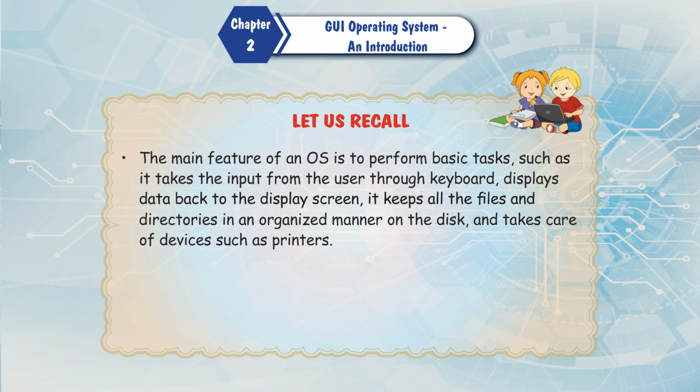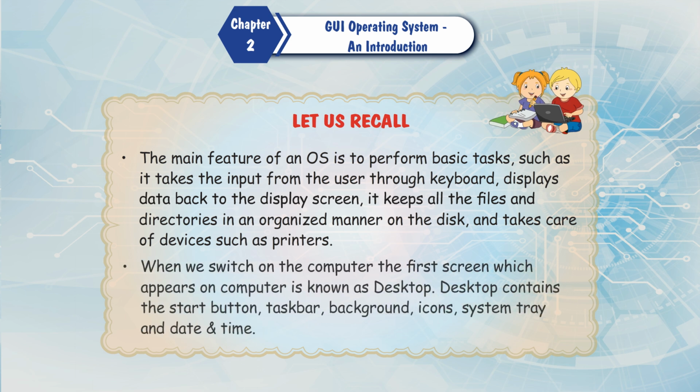The main feature of an OS is to perform basic tasks such as it takes the input from the user through keyboard, displays data back to the display screen, it keeps all the files and directories in an organized manner on the disk and takes care of devices such as printers.